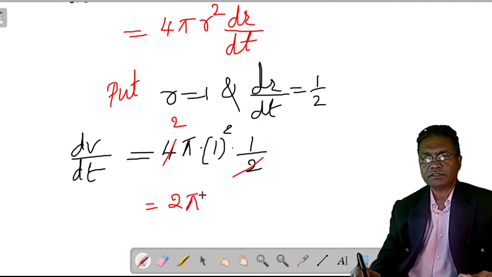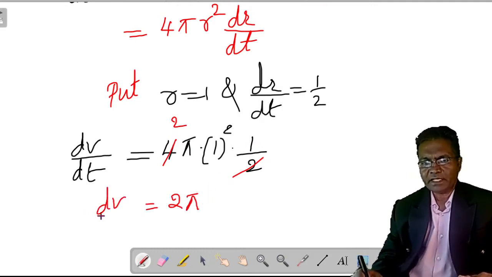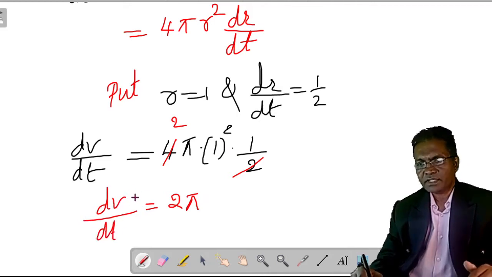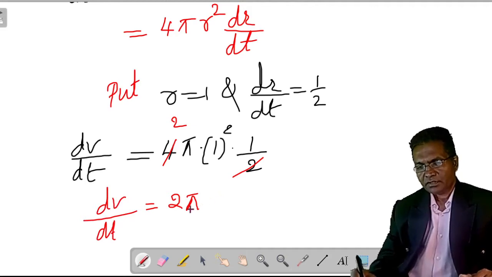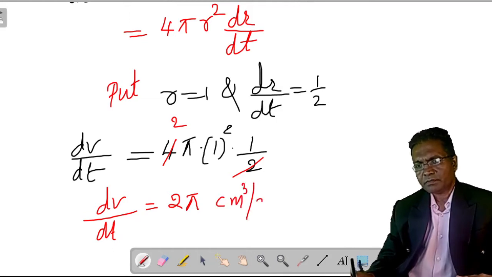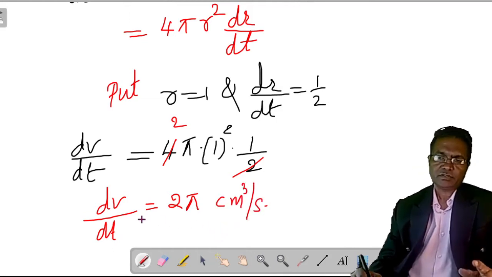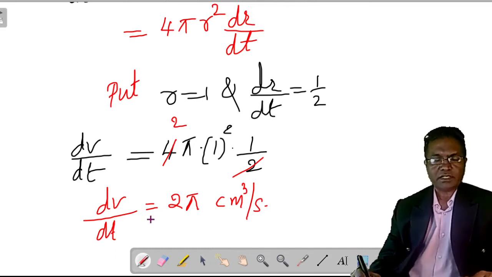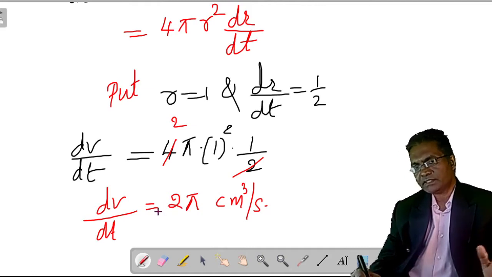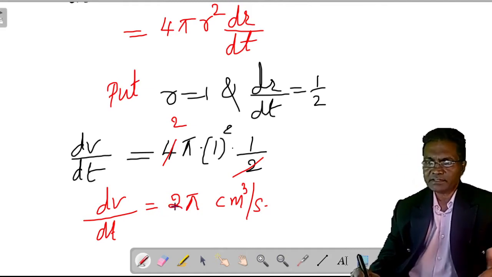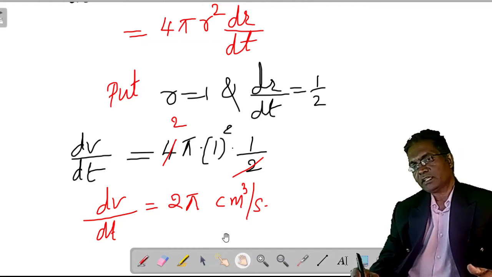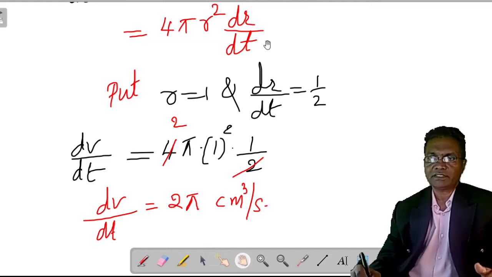So dv by dt is 2 pi, and the unit of volume is centimeter cube, so with respect to time it is centimeter cube per second. In this rate the volume of the air bubble is increasing. If you get a positive sign it is increasing, if you get a negative sign it is decreasing. I hope you understand.